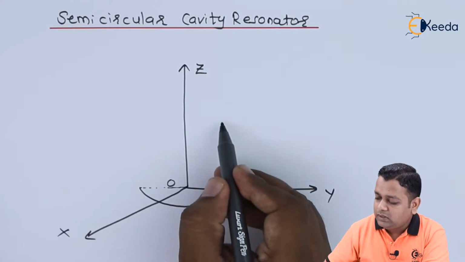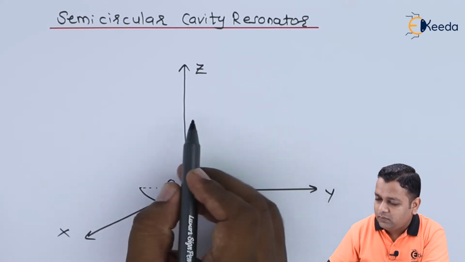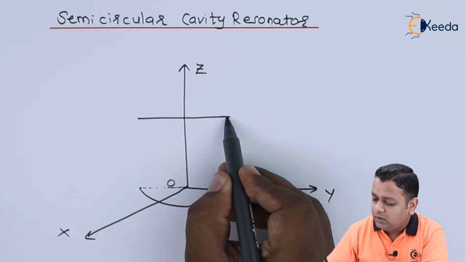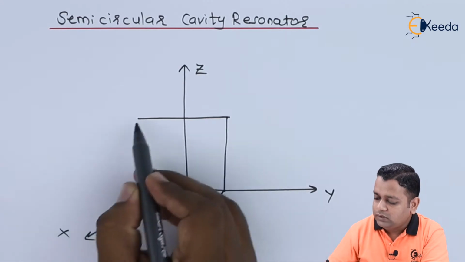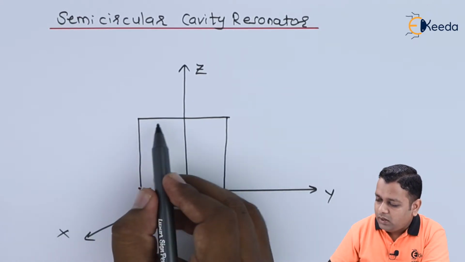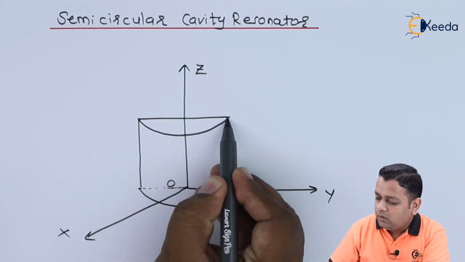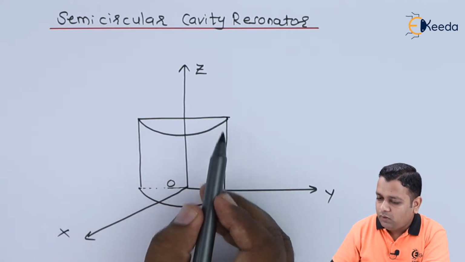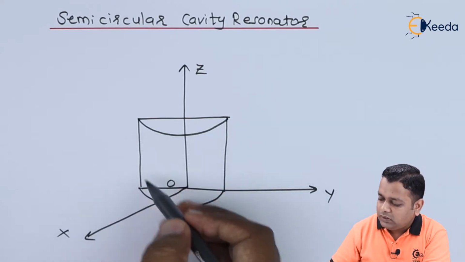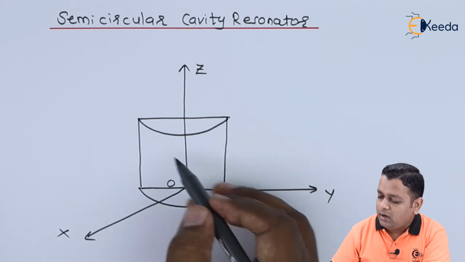We extend this to a certain length. Let us say this is the height up to which this semicircular cavity resonator extends, and this will be the top wall. So this is the top wall, this is the bottom wall, and one cylindrical side and the back side here.